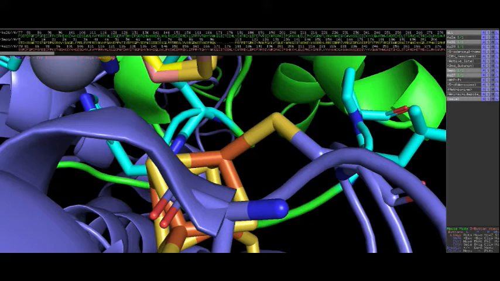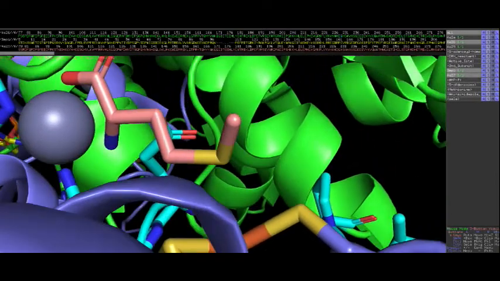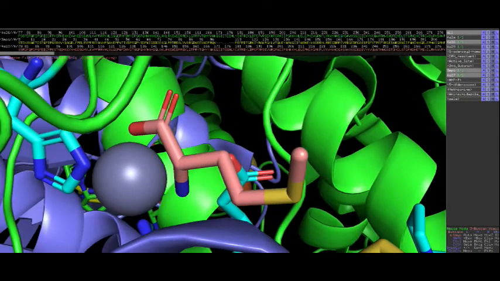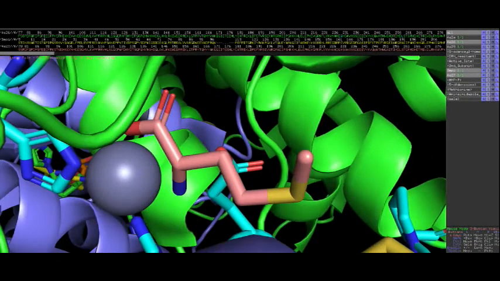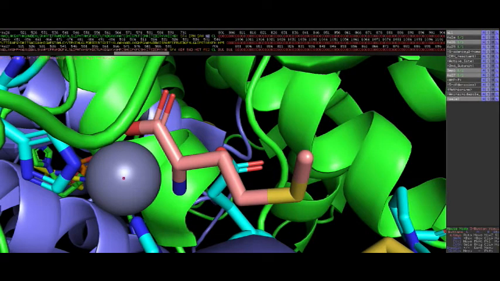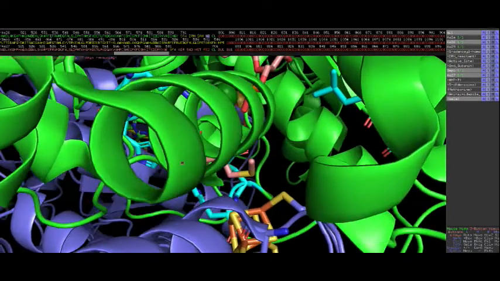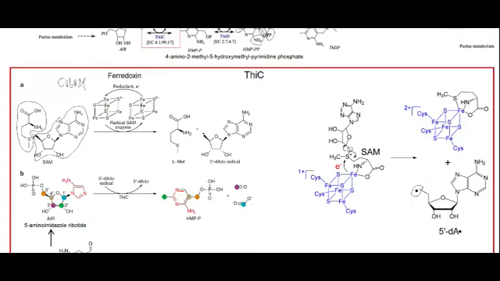So I will get rid of this homocysteine here, this S-adenosylmethionine homocysteine. So we can see our methionine here. Interestingly, this shows it actually coordinating here with this zinc. Yeah, it's a zinc ion here, rather than coordinating with the ferredoxin that this proposes is what's actually happening.